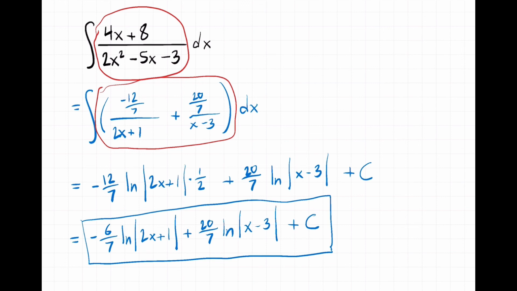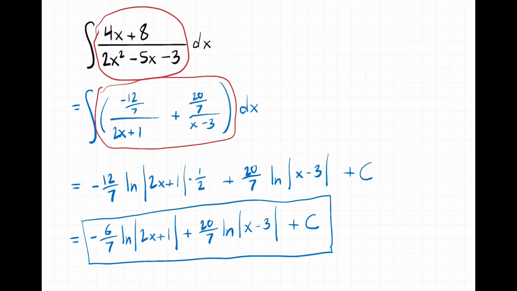So our first major step was to rewrite our function using algebra. And then the second step was simply to find the antiderivative of that new version of the function. And we've done that. It looks perhaps a bit complicated, but we know exactly where each of these terms came from.